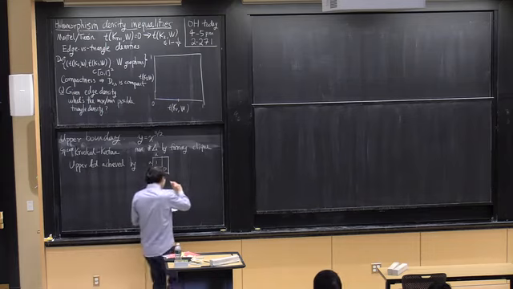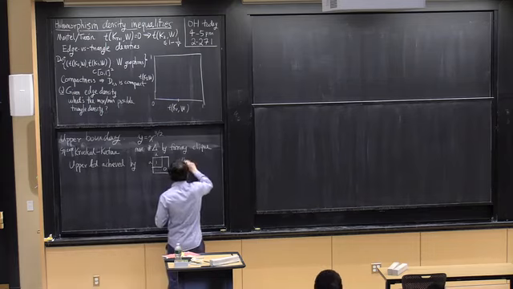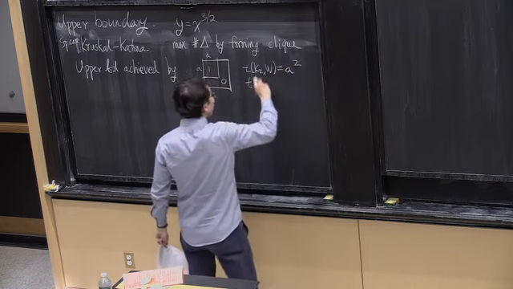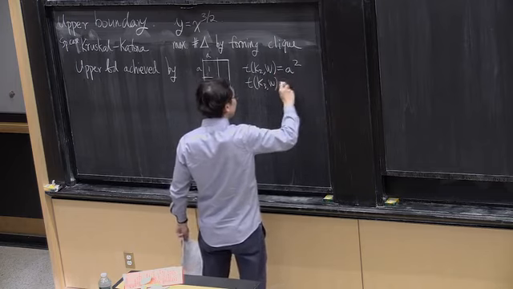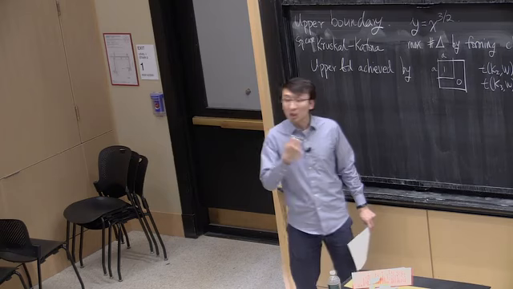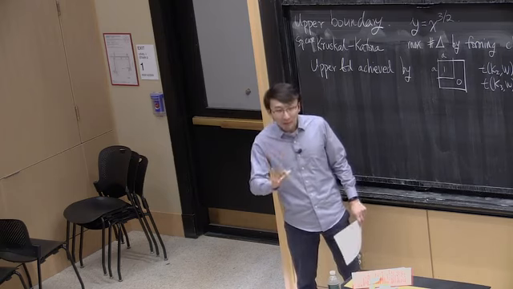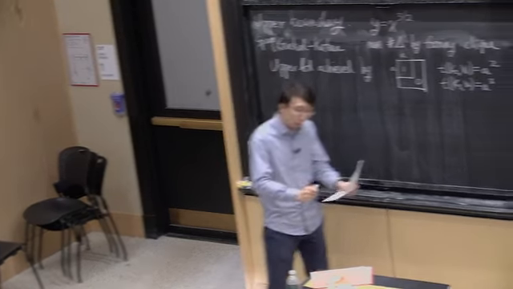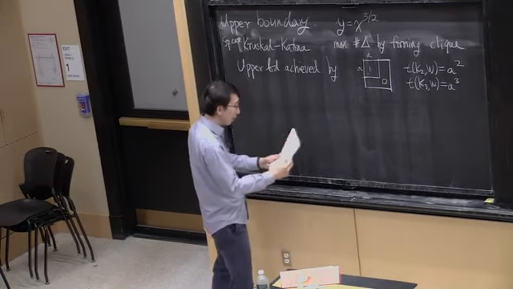For this graphon, the edge density is a squared, and the triangle density is a cubed. It turns out this graphon is the best you can do with a given edge density to generate the most triangle density possible.